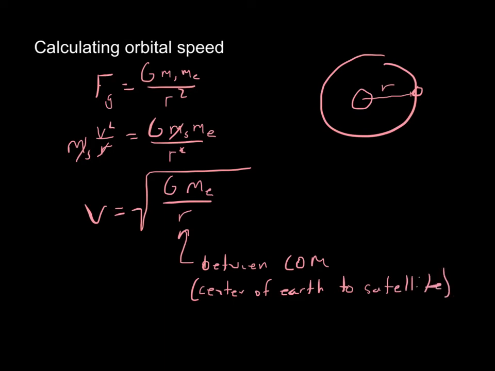So if you had a problem that gave you 300 kilometers above the surface of the Earth, you'd also have to include the radius of the Earth in that, because it's from the center of the Earth to where the satellite is. So you have to sometimes include the radius of the Earth. So don't let that be a trick. It's always between centers of mass.